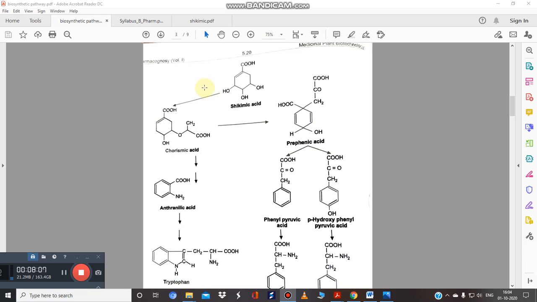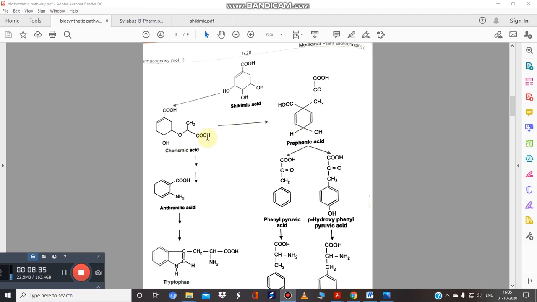See, concentrate here, reduction. Okay, and then we know this shikimic acid, through phosphorylation and elimination reactions, forms an intermediate that is known as chorismic acid. This chorismic acid yields anthranilic acid with the help of anthranilate synthetase, and finally tryptophan, which is an aromatic amino acid, is produced.